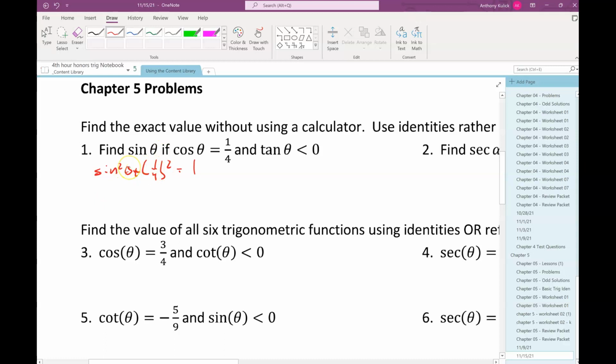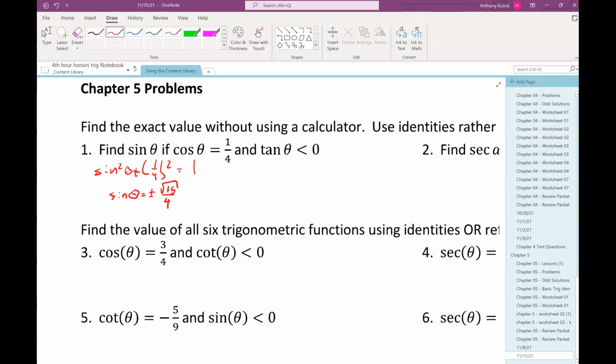So 1/4 squared is 1/16. I subtract 1/16 from both sides and square root both sides. And I get sine theta is plus or minus square root of 15/4. Okay with that?